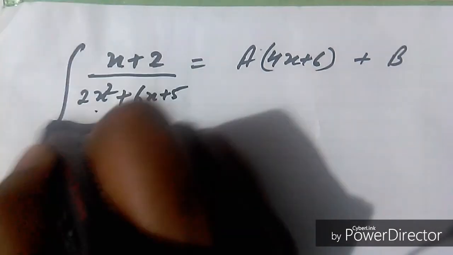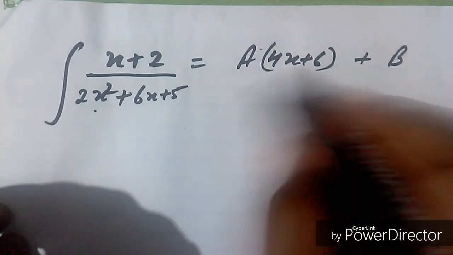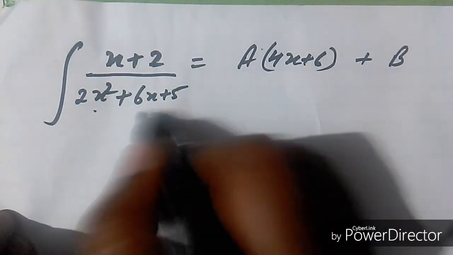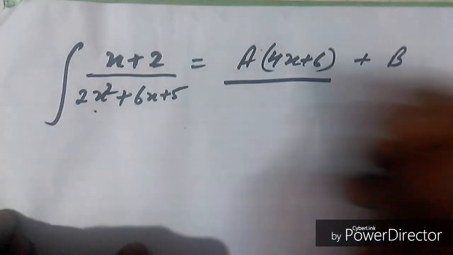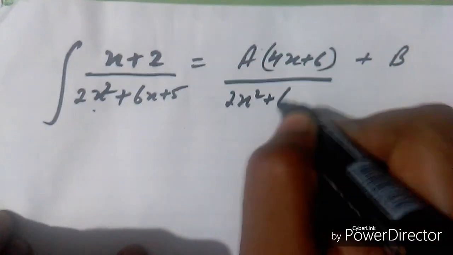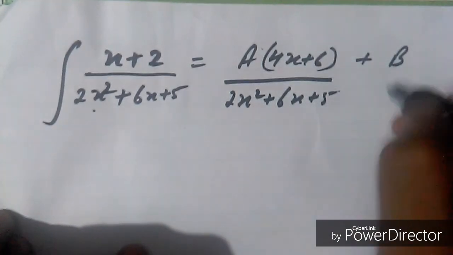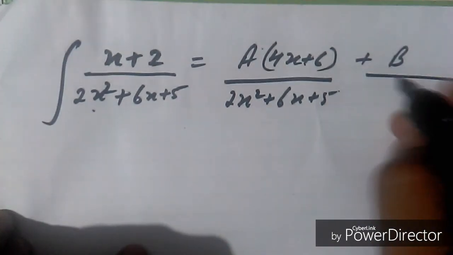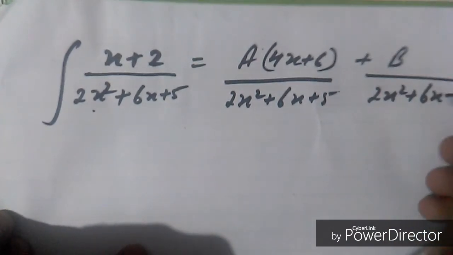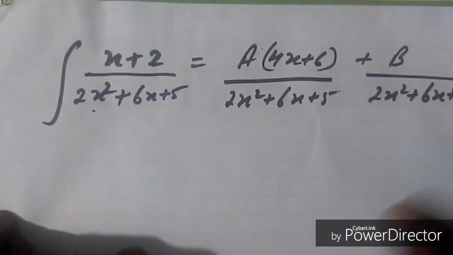We find the integration of this equation, and we add 2x square plus 6x plus 5 in both terms, that is 2x square plus 6x plus 5, and also in the denominator of b, that is 2x square plus 6x plus 5.